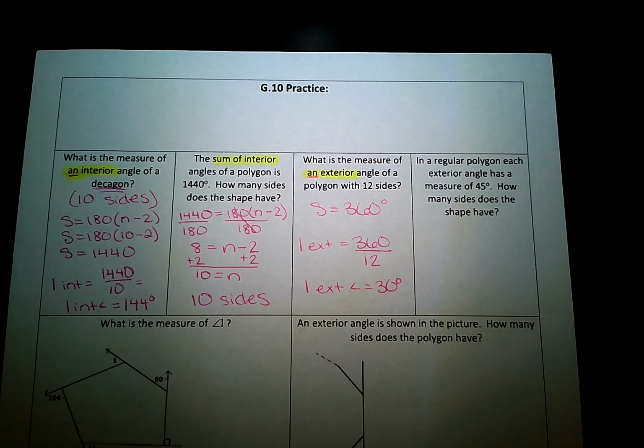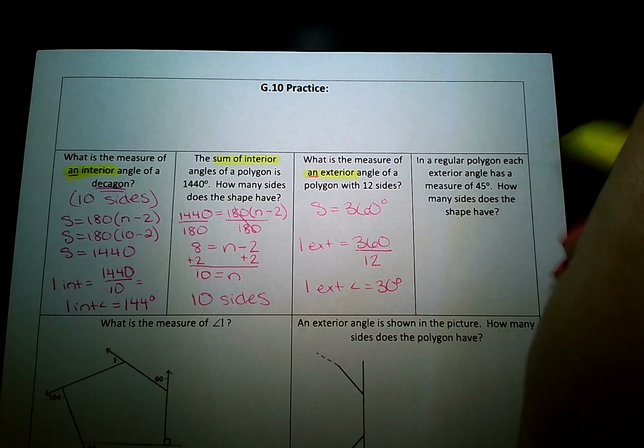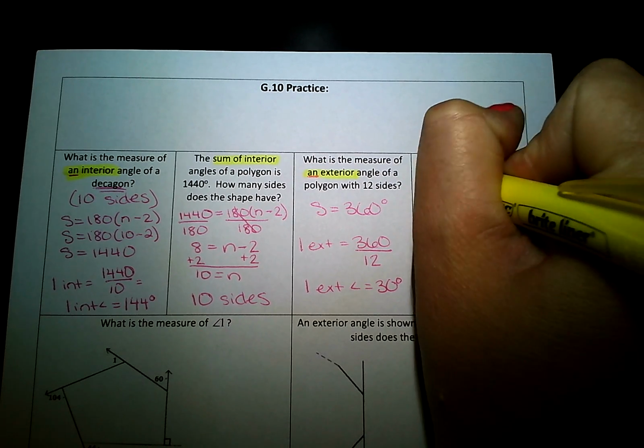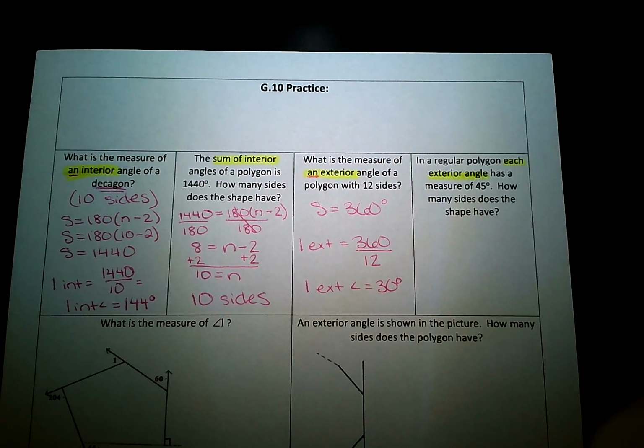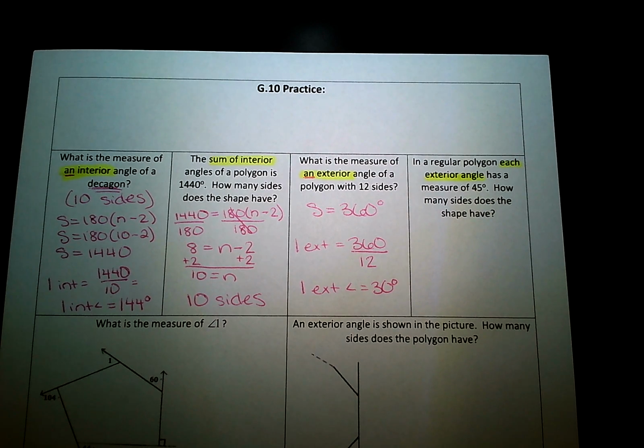In my final example here, the question reads, in a regular polygon, each exterior angle has a measure of 45 degrees. How many sides does the shape have? Read it very carefully. We are told that each exterior angle is 45 degrees.